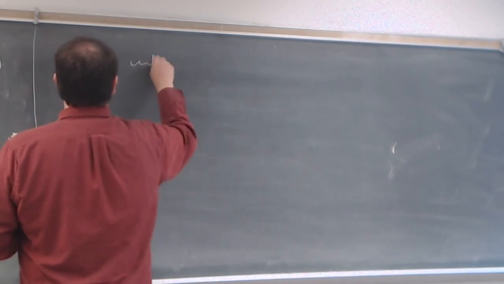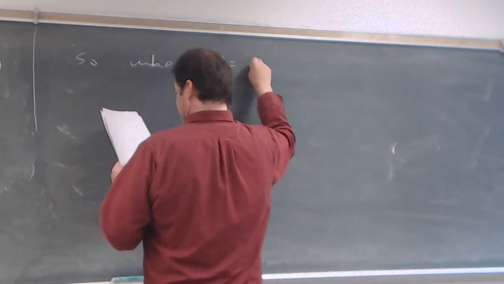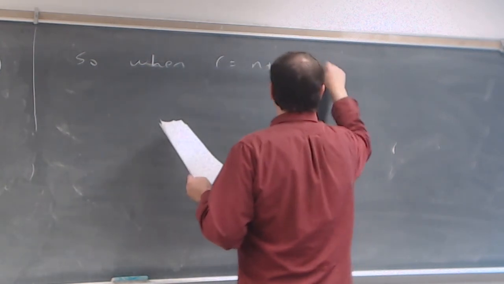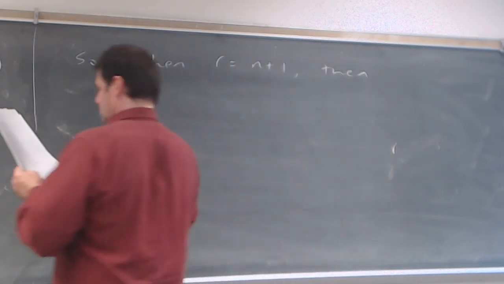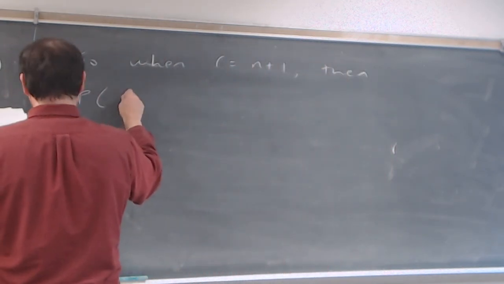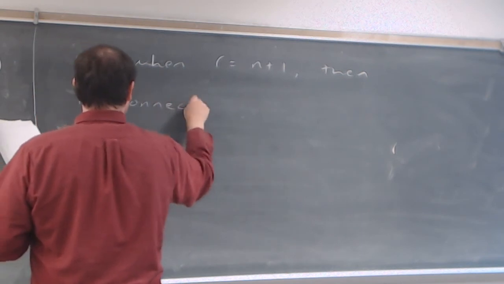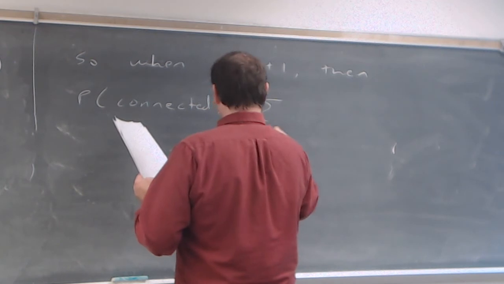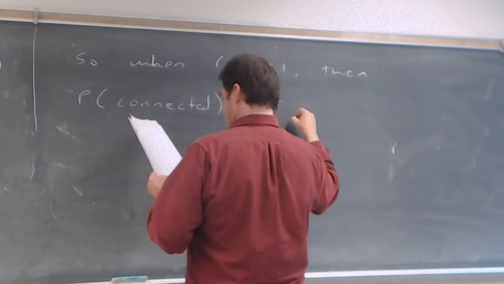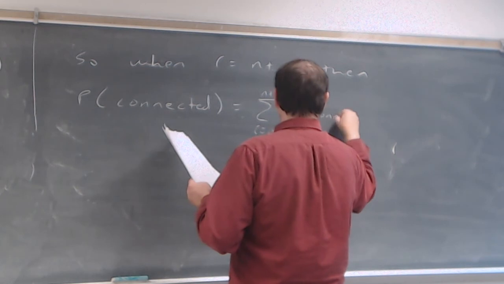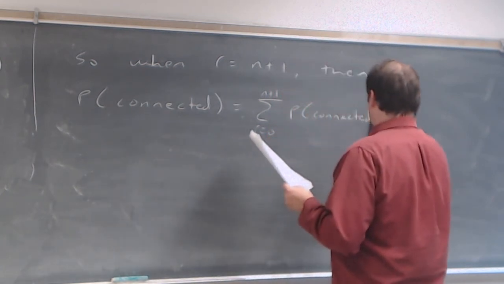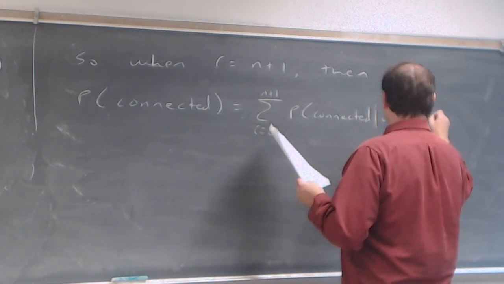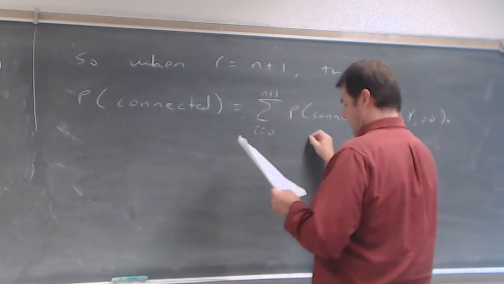So, when r is equal to n plus 1, then the probability that we have a connected graph, which was equal to this sum as I runs from 0 to n plus 1, the probability of connected given I of y sub j is equal to 0, and then this is times, I have to write it down here.